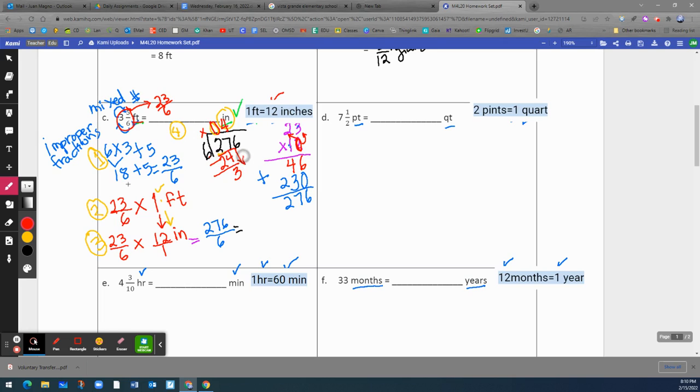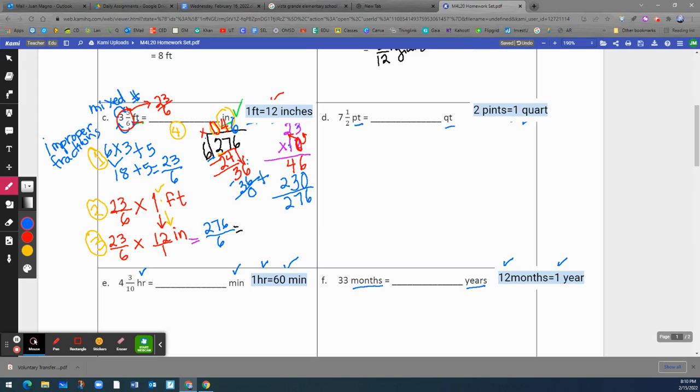Now we lower the 6 to regroup it so we can divide it as well. And now we know that 6 goes into 36, 6 times. So we write that in the quotient. 6 times 6 equals 36. And the difference between those two is 0.